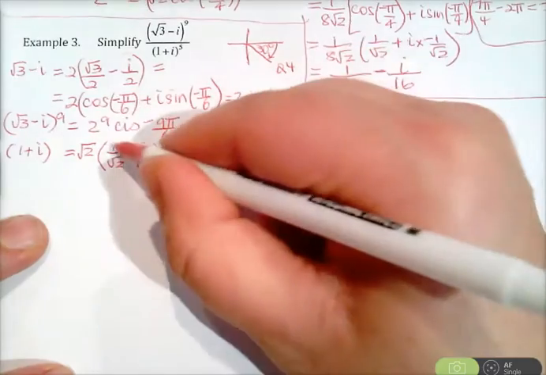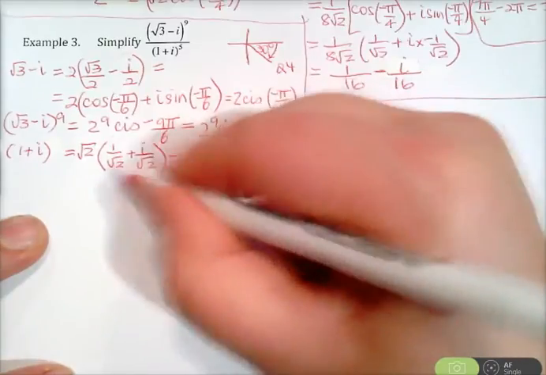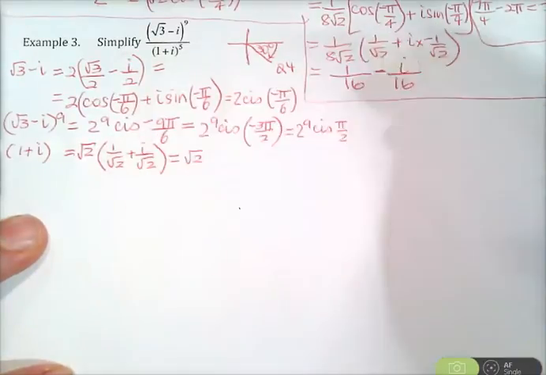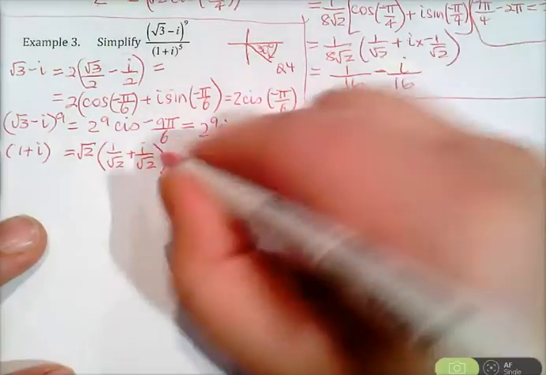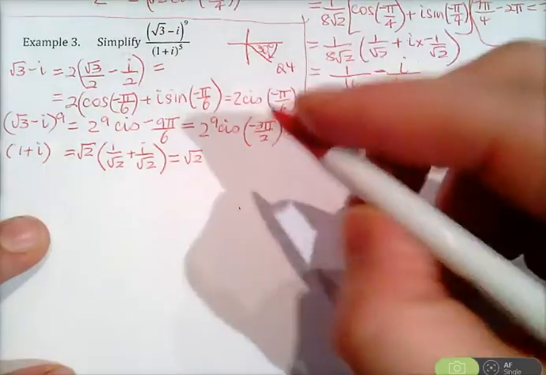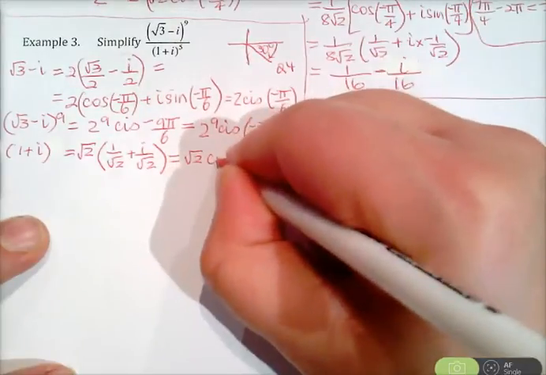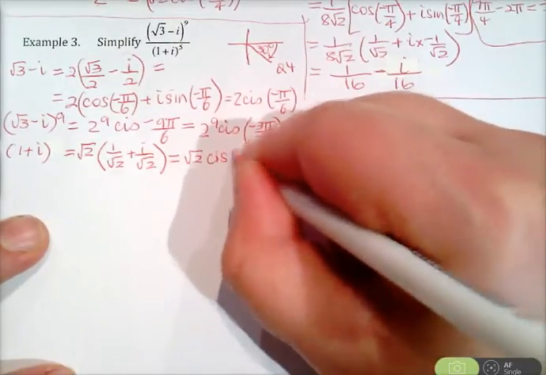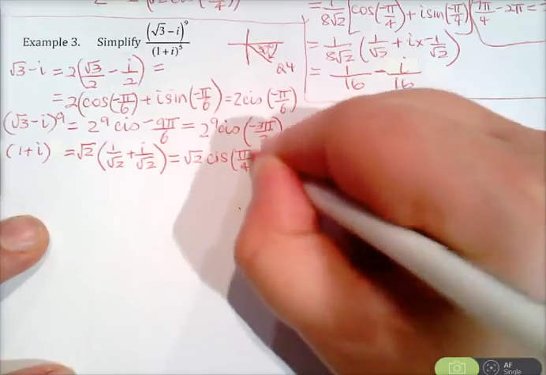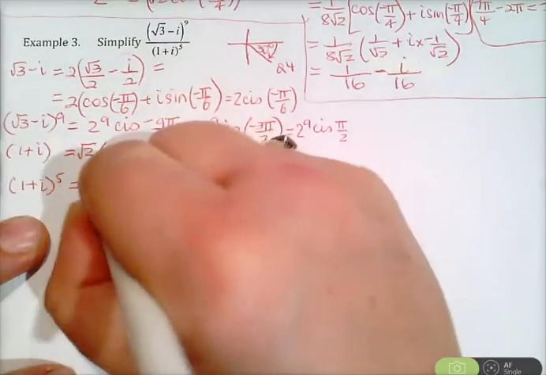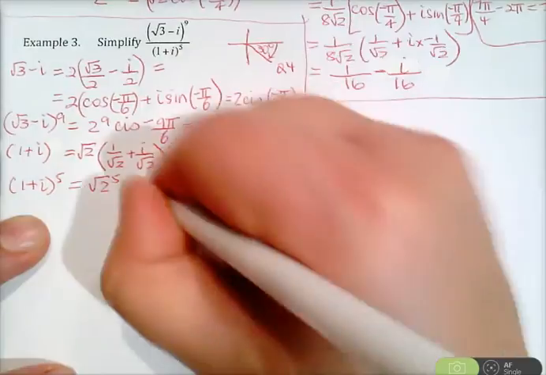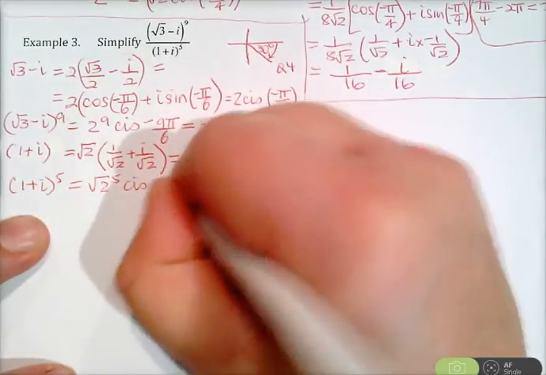Now, cos of 45, we must be in quadrant 1 here because both cos and sine are positive, and we know that cos of 45 equals sine 45 equals 1 on root 2. So it's cis pi on 4. Okay, so therefore 1 plus i to the power of 5 is root 2 to the power of 5 cis 5 pi on 4.